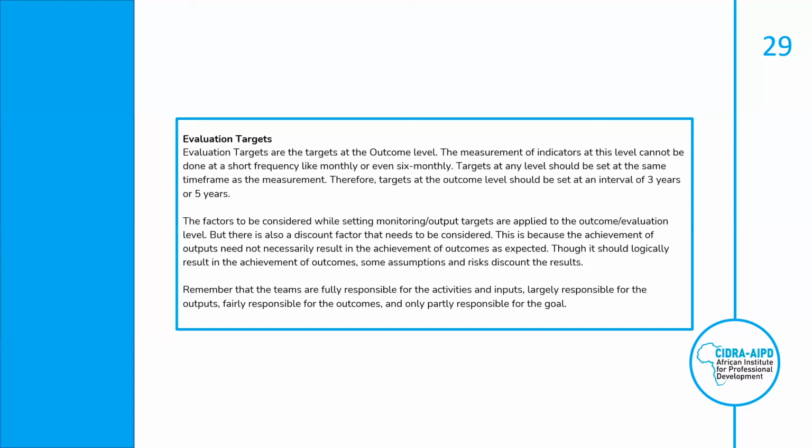Some assumptions and risks discount the results. Remember that the teams are fully responsible for the activities and inputs, largely responsible for the outputs, fairly responsible for the outcomes, and only partially responsible for the goal. Stop the video now and discuss with your team your project's evaluation targets.